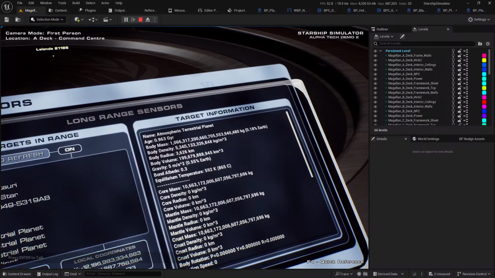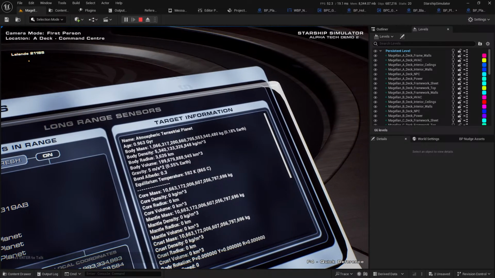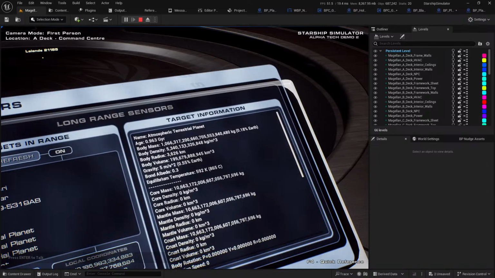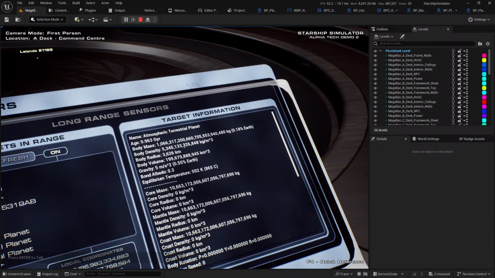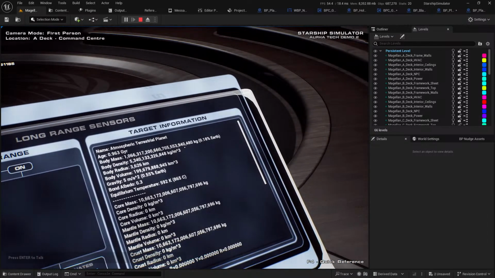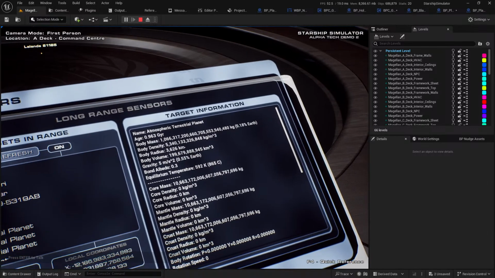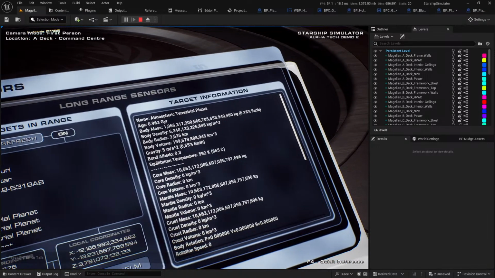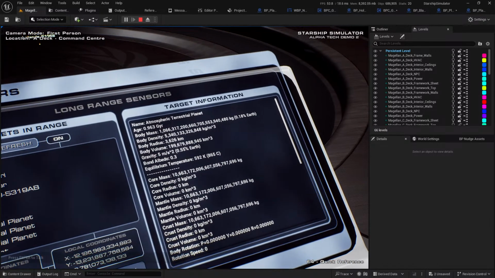Yeah, there must be a display error because, well, I say that. No, it must be because, unless that's what's driving the gravity up artificially.